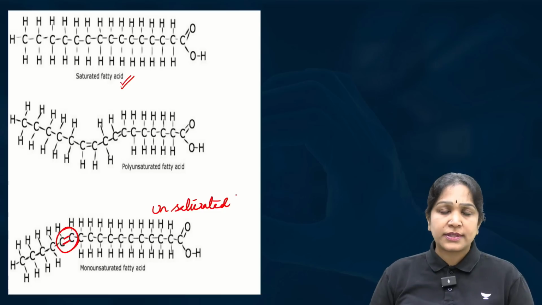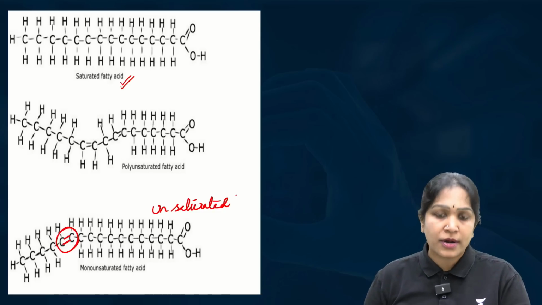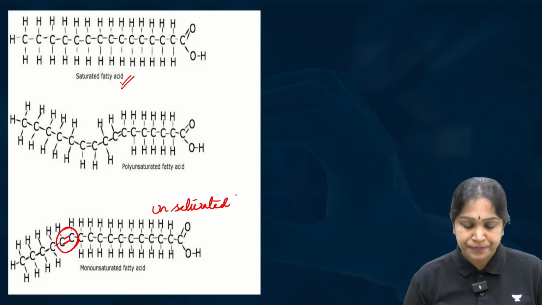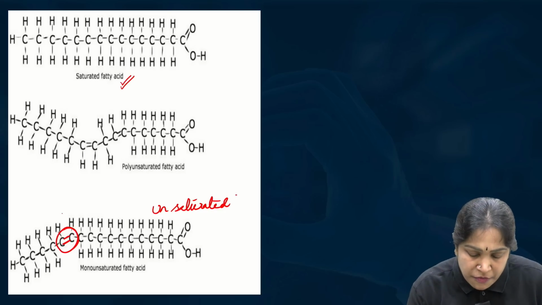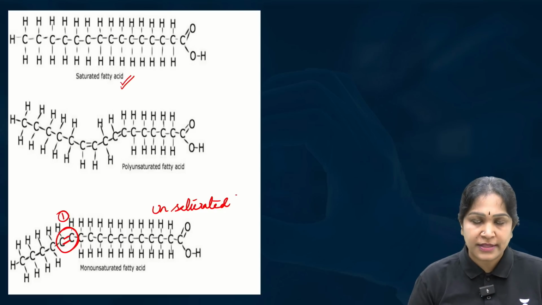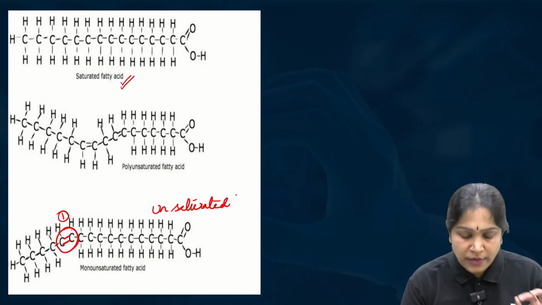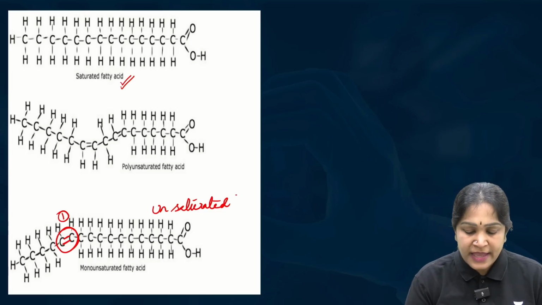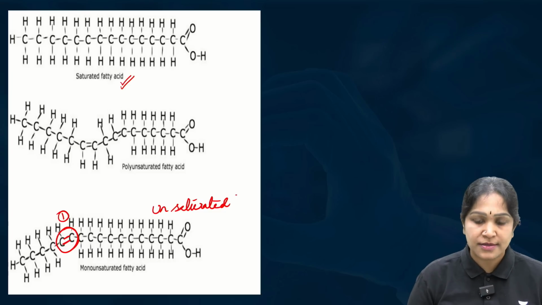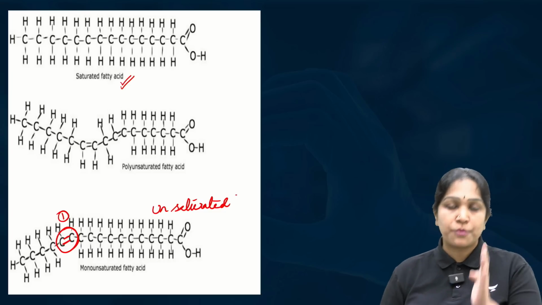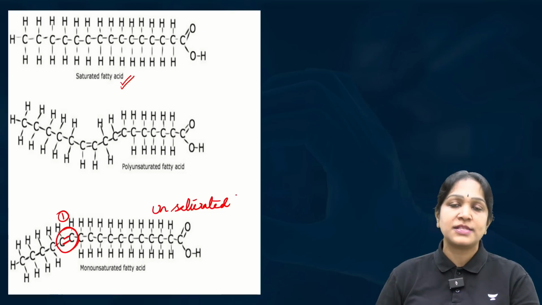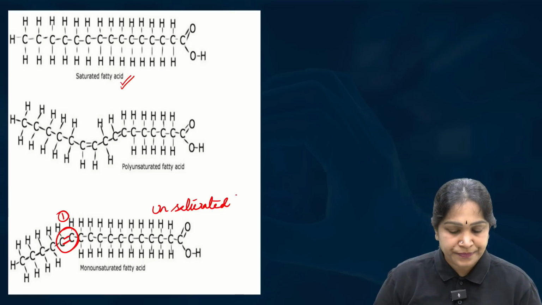Let us count the number of multiple bonds in this carbon chain. You can find only one multiple bond, that is a double or a triple bond. Only one double bond in the entire carbon chain. So therefore, one means mono, we call this a monounsaturated fatty acid.